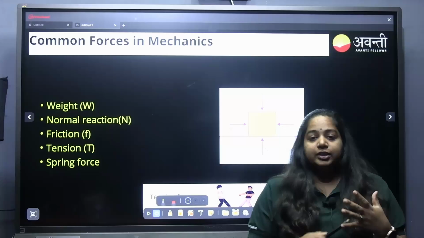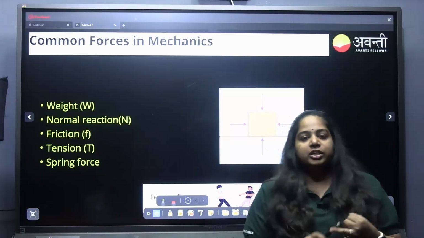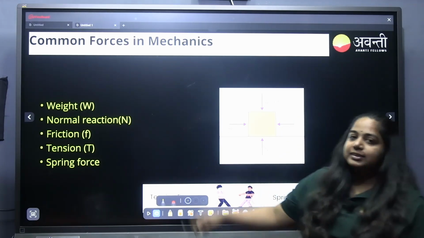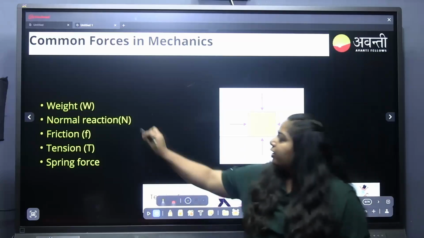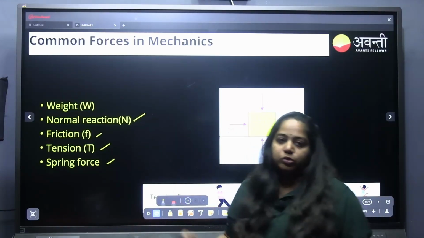Next one: what are the common forces we will be dealing with in mechanics? You have studied so many forces, that is gravitational force, and in 12th, electrostatic force and magnetic force. Other than that, some of the forces we learned in 11th, you might have forgotten, are normal force, frictional force, tension force and spring force.